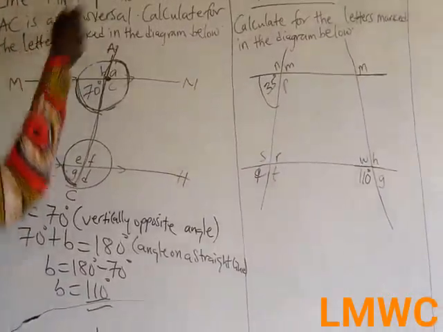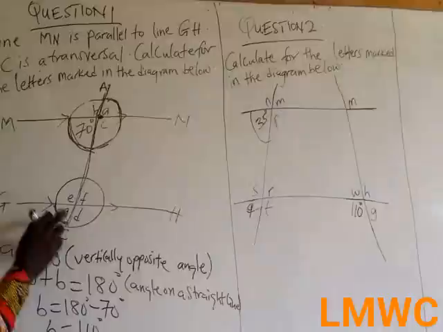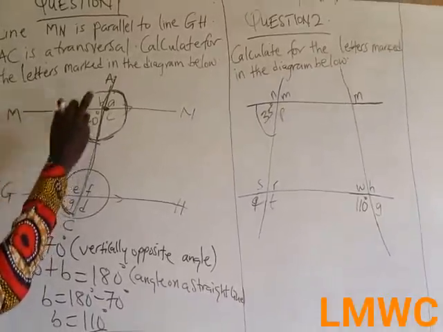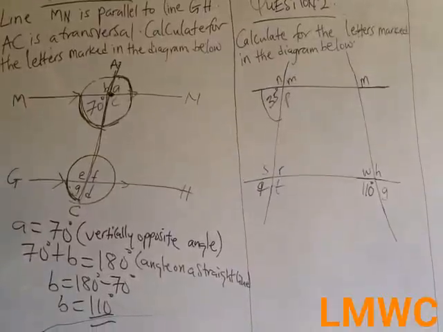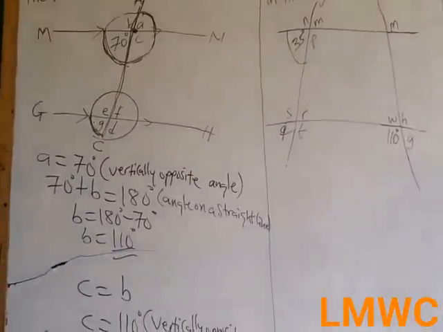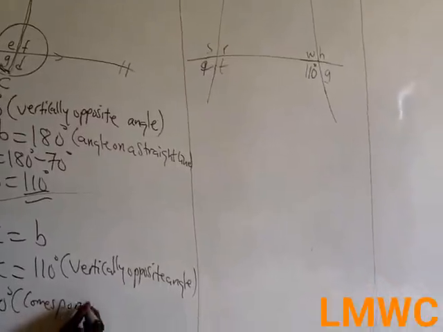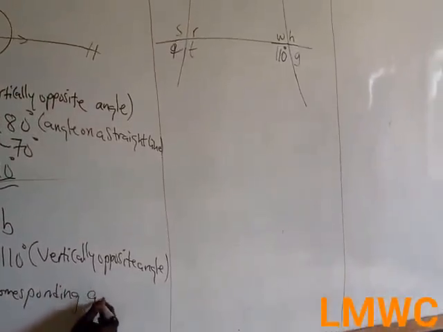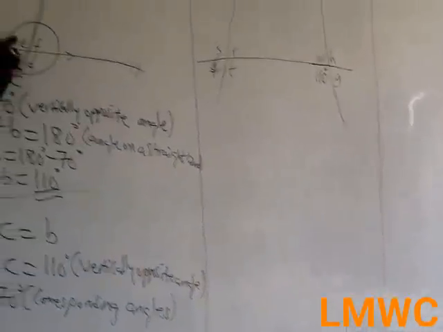You see this line, it divides it into right hand side and what? Left hand side. And J corresponds to 70 degrees. So J is equal to 70 degrees, corresponding angles. Corresponding angles are equal.